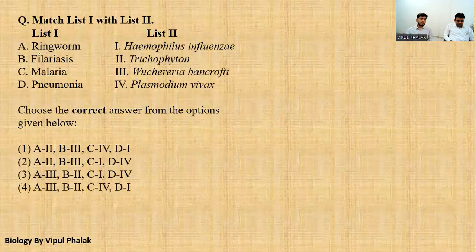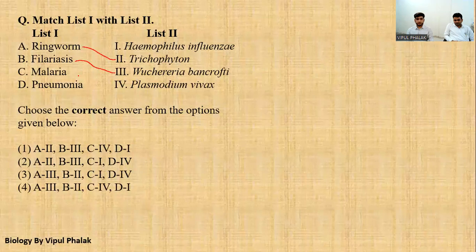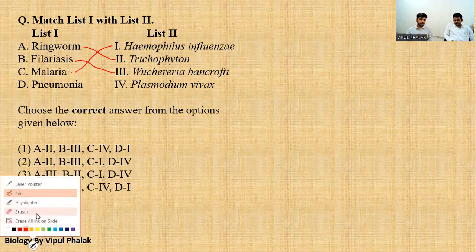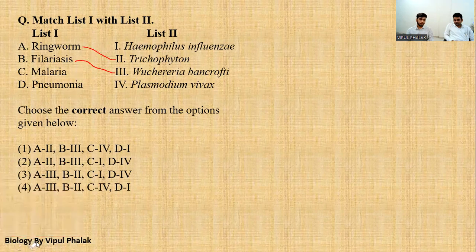Next question. In list 1, several diseases are given, and in list 2, their causative agents are given. We know that the causative agent of ringworm is Trichophyton. Filariasis is caused by Wuchereria bancrofti. The causative agent of malaria is Plasmodium.